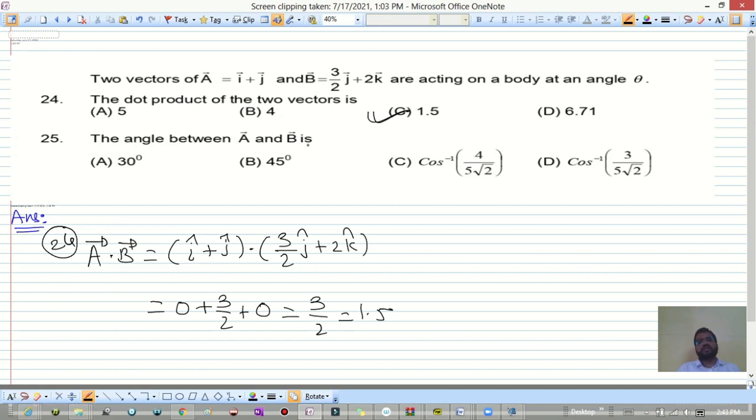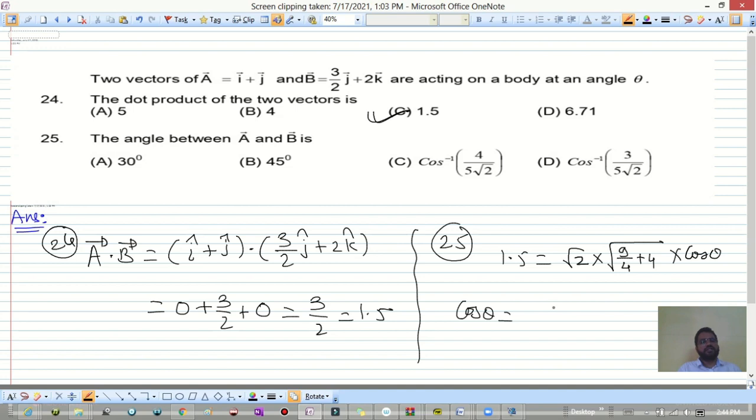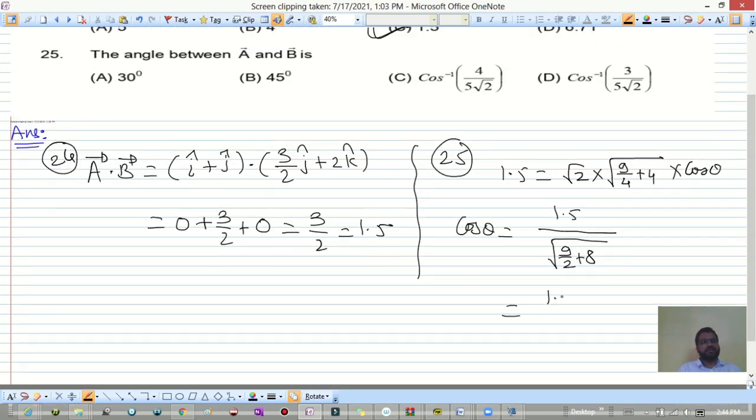The angle between A bar and B bar: how to find the angle? Once you know the dot product, that is 1.5 is equal to magnitude of A bar, that is root 2, into magnitude of B bar, that is root of 9 by 4 plus 4, into cosine of the angle between them, cos theta. So cos theta is 1.5 divided by root 2 into root of 9 by 2 plus 8. If you solve this, you get 1.5 divided by root of 16 plus 9, 25 divided by 2.